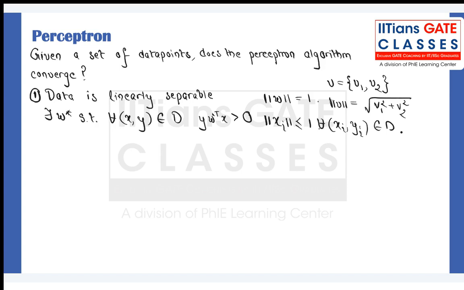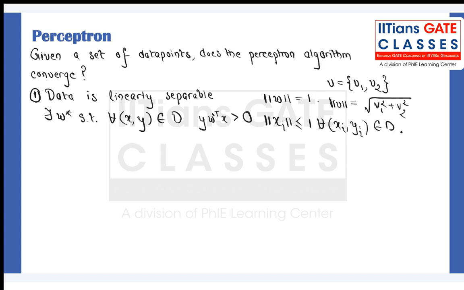First assumption is that data is linearly separable, which means there exists a hyperplane W star, there exists a line, hyperplane might be a scary word, so let me say it is a line, W star, such that for all data points x comma y in the data set D, y times W star transpose x will be greater than 0, so that they are correctly classified.